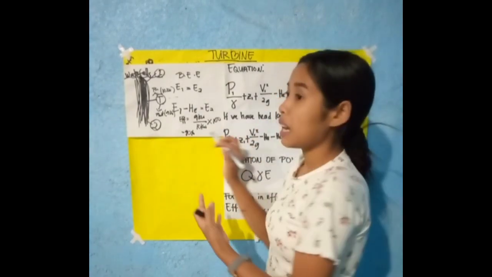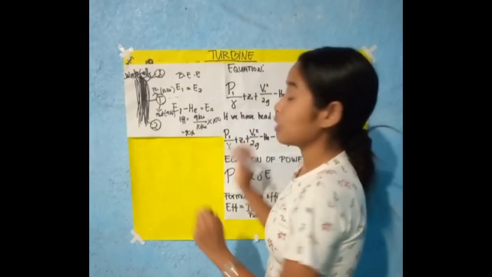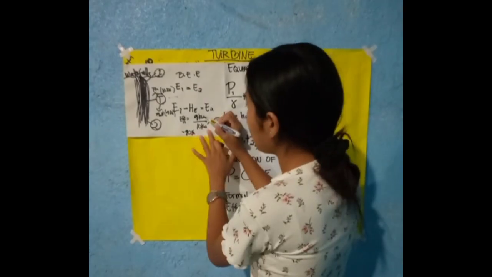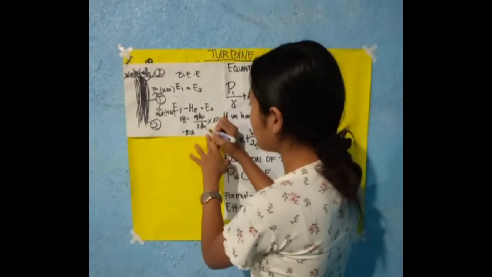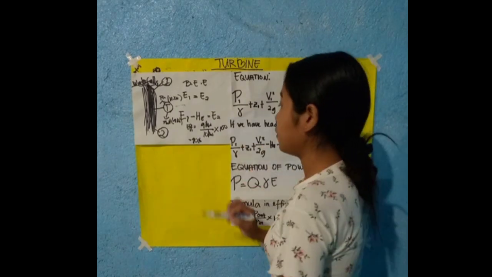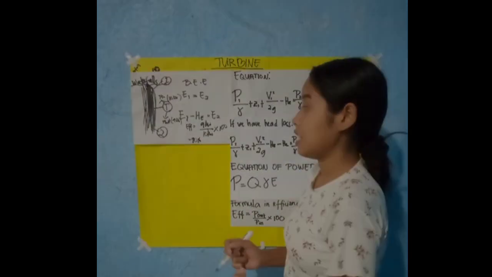Then we multiply it by 100, so the result is 90% efficient. We cancel the units out and we have 90% left. So our turbine has a 90% efficiency.